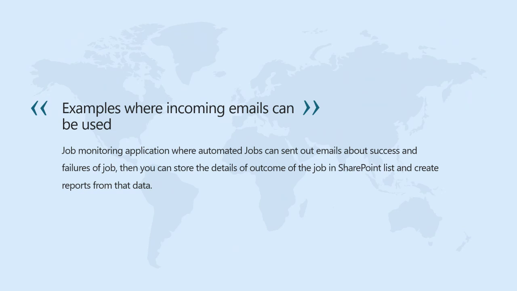Those emails fall into the SharePoint library, and then the SharePoint library will process the emails and extract the information whether the job was a failure or success, based on which a dashboard can be built, which can be monitored by IT. So these are the jobs running in my environment, and these were the successes and these were the failures, and then IT can do further actions on the failed jobs.